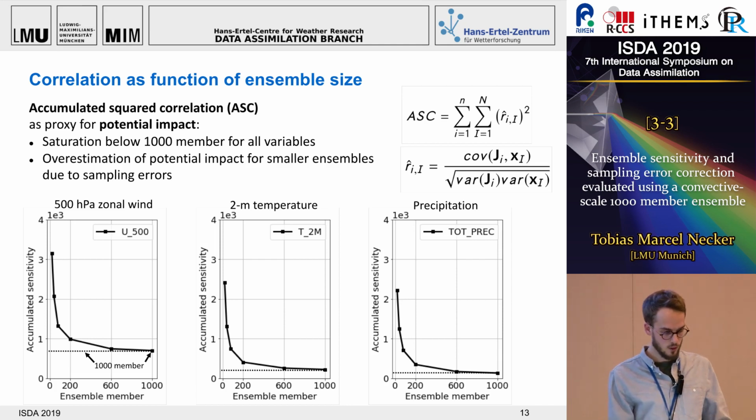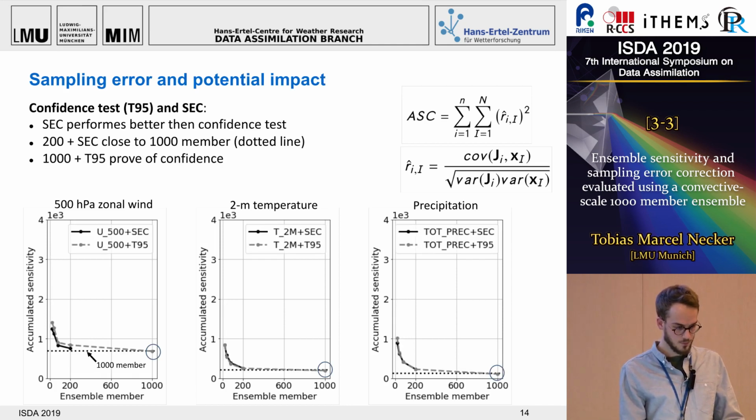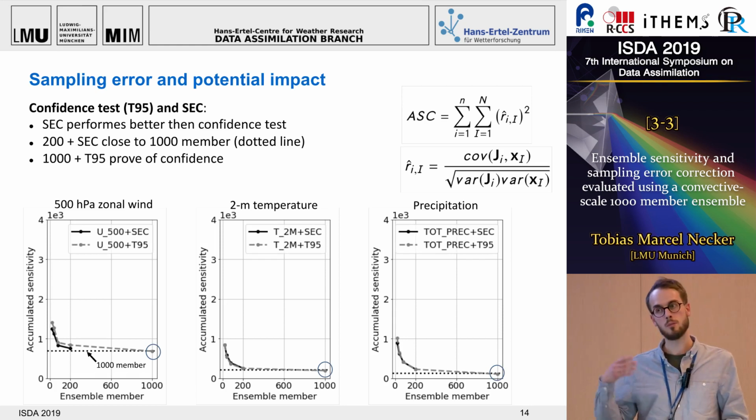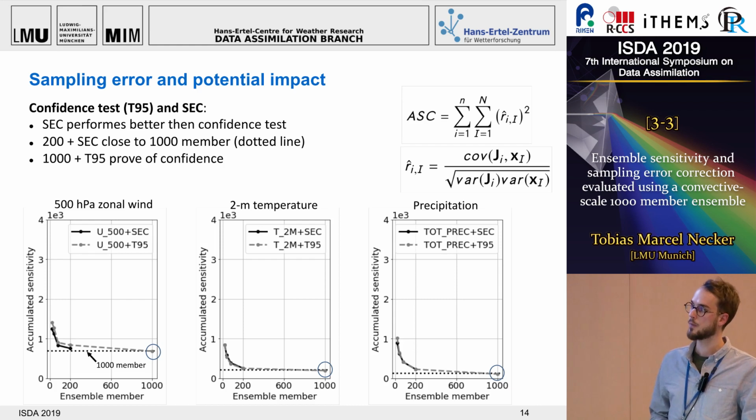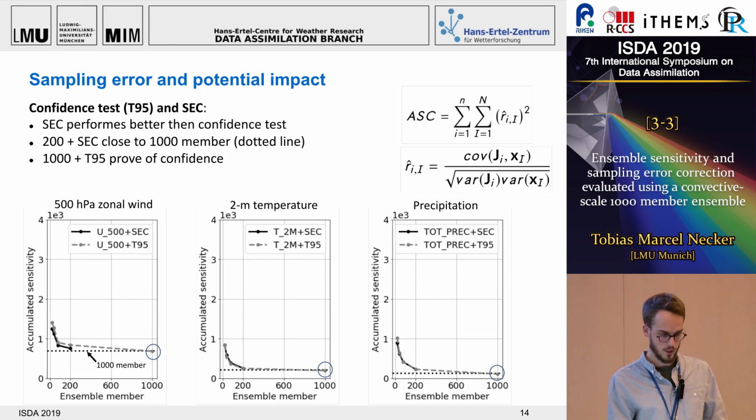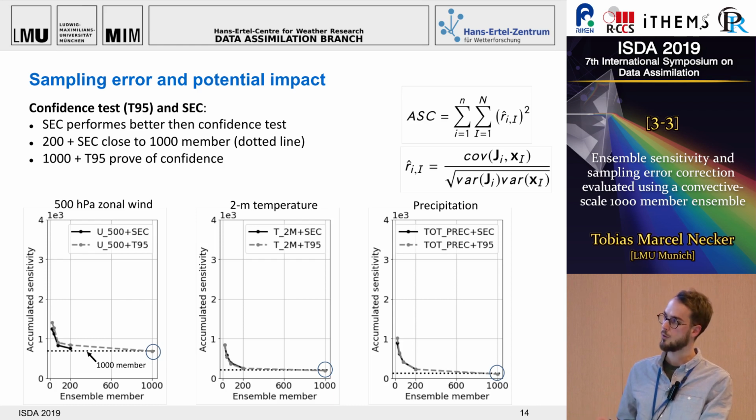And if we go on and look at what happens if you apply the sampling error correction in this case, you can see, I will switch back and forth, that if we apply the sampling error correction, we see a reduction of the sampling error again.